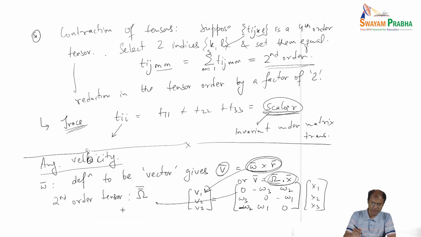So this was the angular velocity tensor. Our next is the moment of inertia tensor. We talk about the inertia tensor in general, and we will see how the inertia tensor gives us the moment of inertia. Recall the formula for angular momentum.